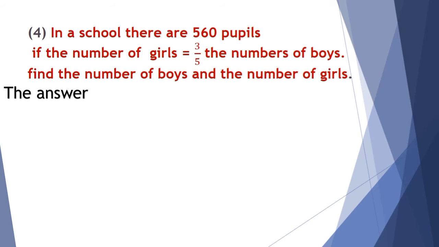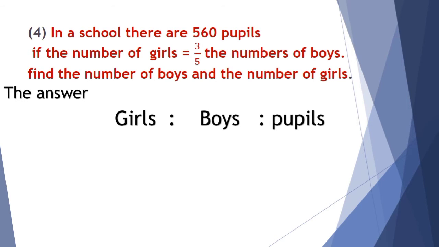When we answer the problem, I will write up girls to boys. Why will I write girls to boys? Because he starts with: if the number of the girls equals 3 over 5 the number of the boys. So, girls to boys, then pupils. Pupils means sum.